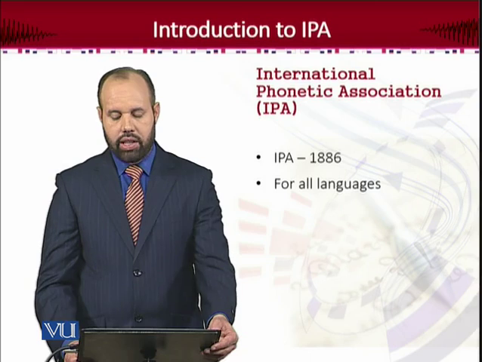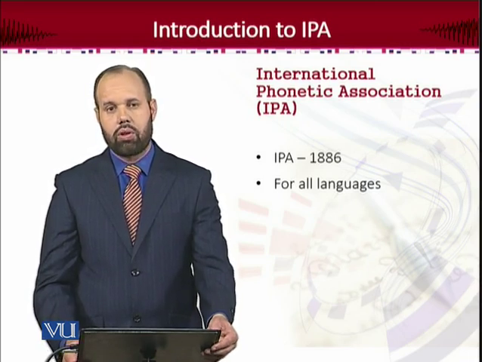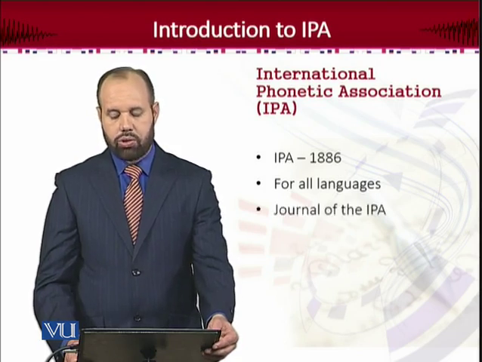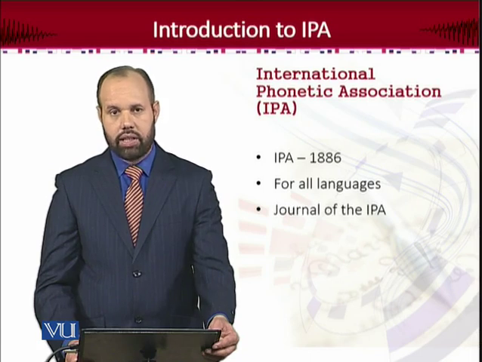IPA is a body that covers all languages of the world. It's not specifically for developed languages, but they are also working on small languages and also minor and regional languages, right? They are also maintaining a journal which is called the Journal of the IPA, and Cambridge University Press is publishing that journal, right?